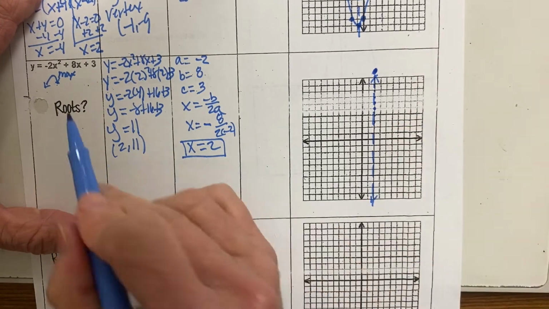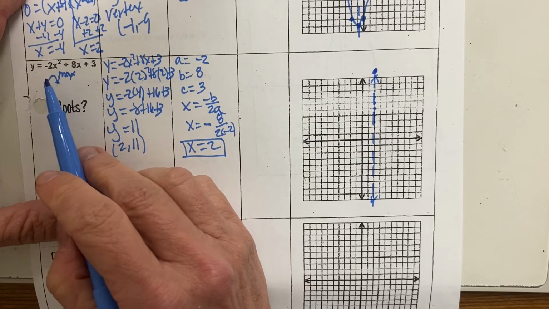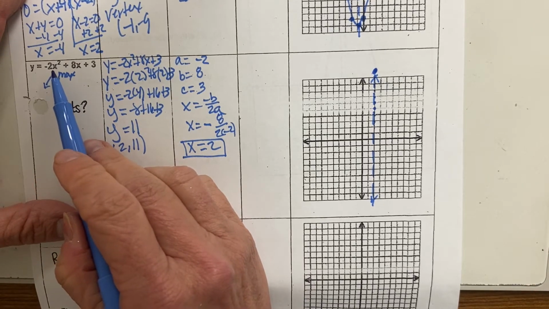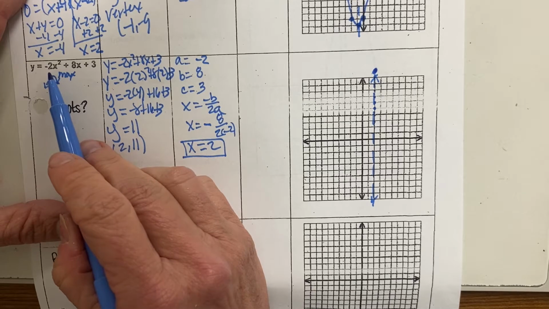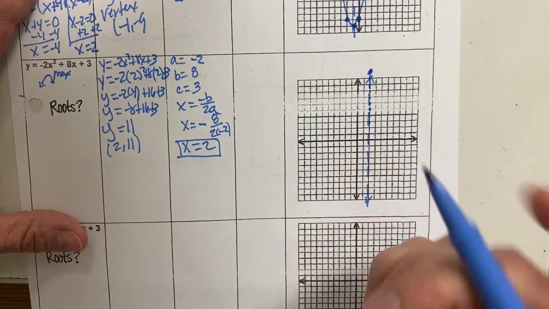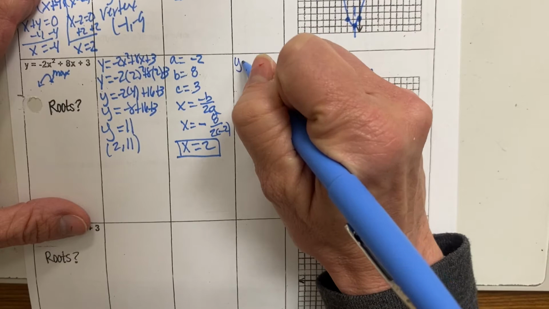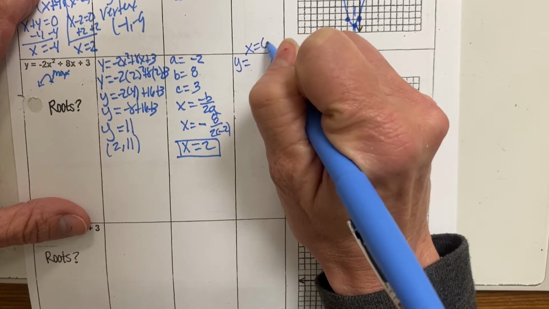And so then I'm going to look over here to see if I can factor that. Well, usually if we have a negative, that means that this is going to be unfactorable for us. And so we're going to go ahead and get the calculator out for this after we go ahead and find our y-intercept. And so for our y-intercept, we're going to plug in x is equal to 0.